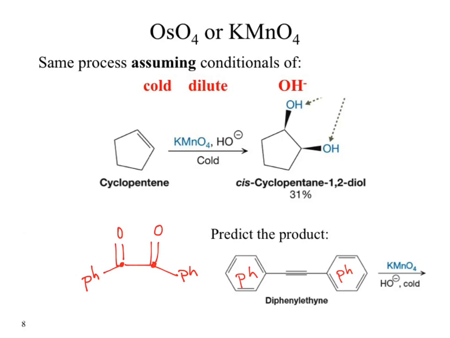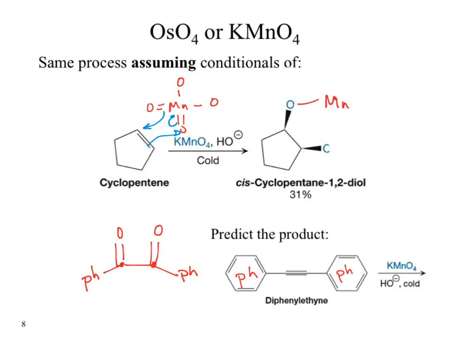So the intermediate that we're responsible for showing would be just, you are responsible for this guy. That's it. I left off the double bond.